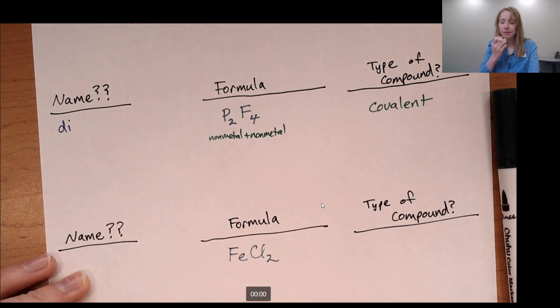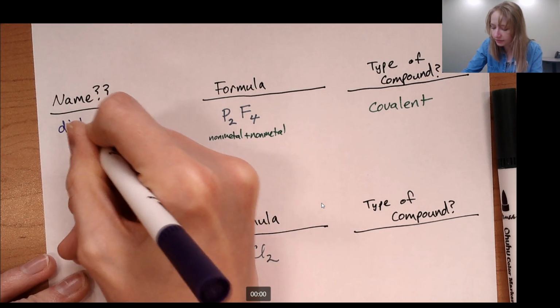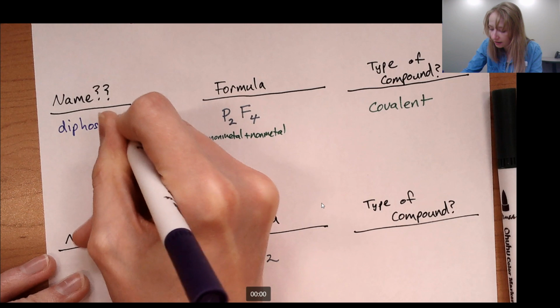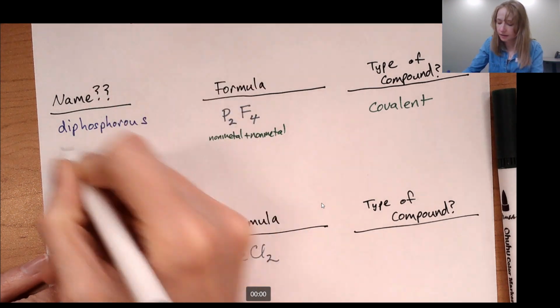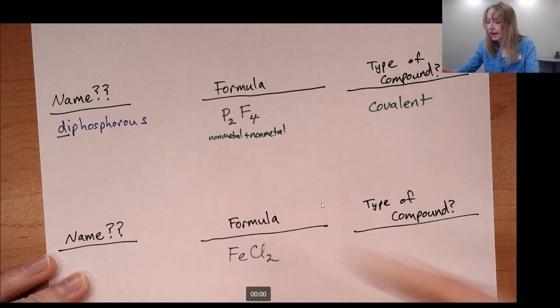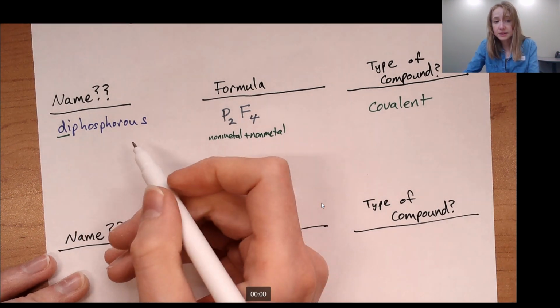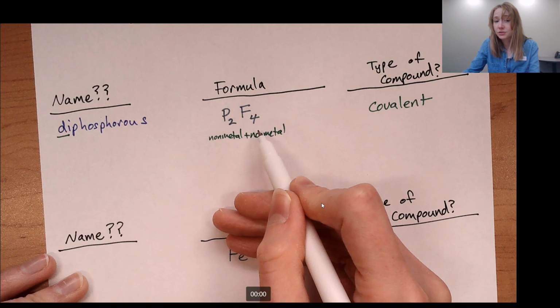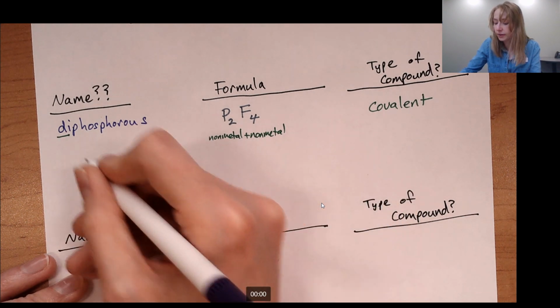And then it's the first element, so I just put the element name, phosphorus. So there's my prefix there. And then for the second element, I'm going to use the prefix tetra to indicate that there's 4 fluorine.